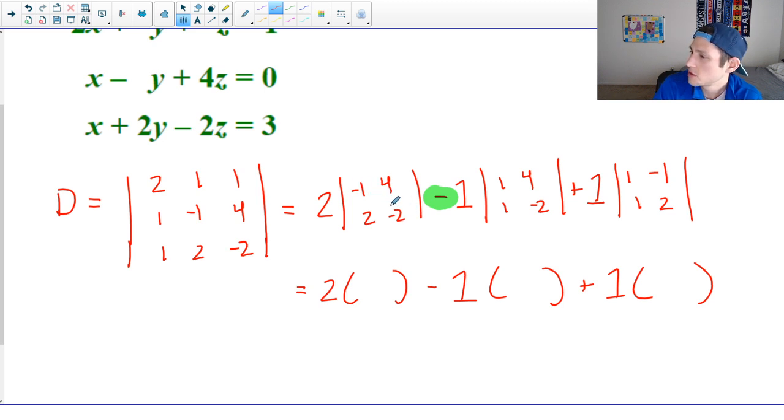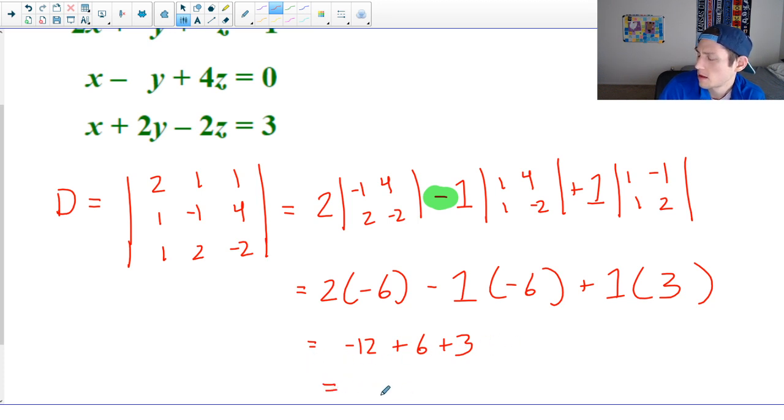So this would be positive 2 minus 8, negative 6. Negative 2 minus 4, also negative 6. 2 minus negative 1, positive 3. So negative 12 plus 6 plus 3. So negative 6 plus 3, negative 3.